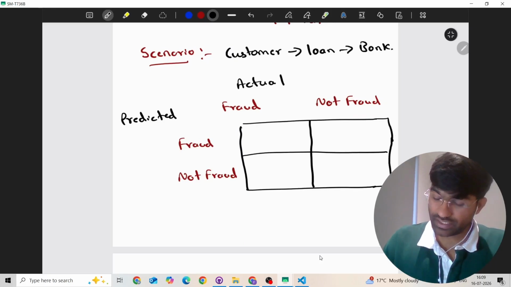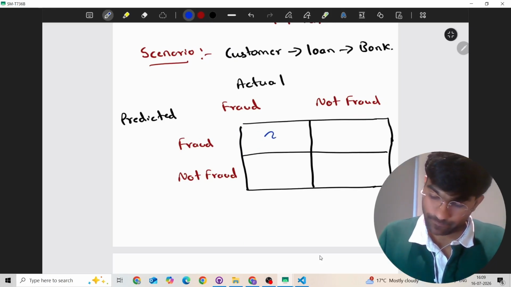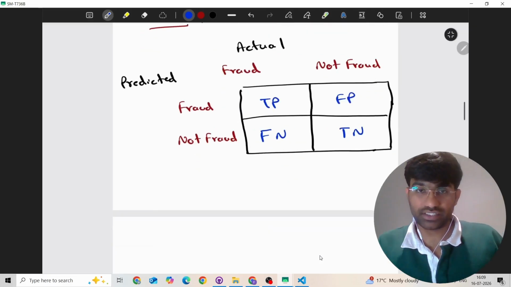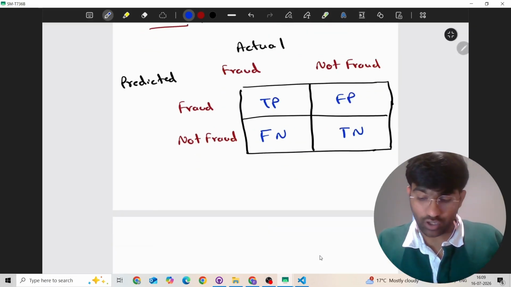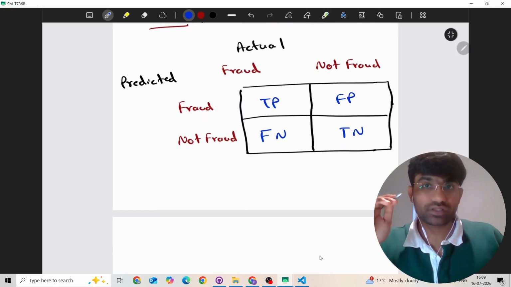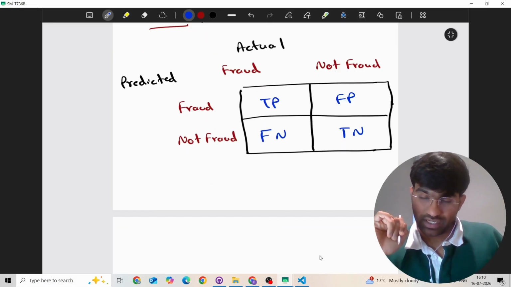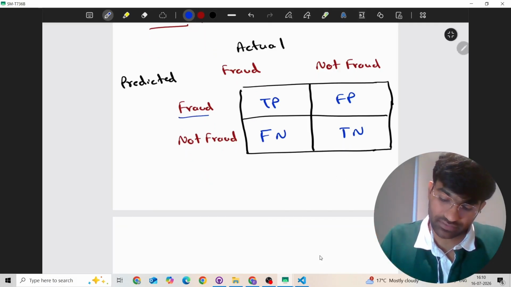At the initial stage of loan application, if the customer is not fraud and he has applied for the loan, and the model which you have built will reject the loan application because the model has classified the customer as fraud, that is a false positive.